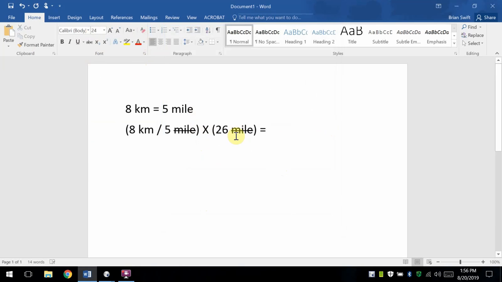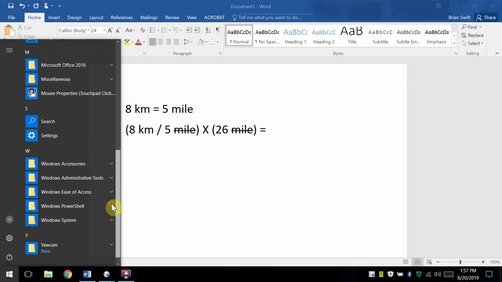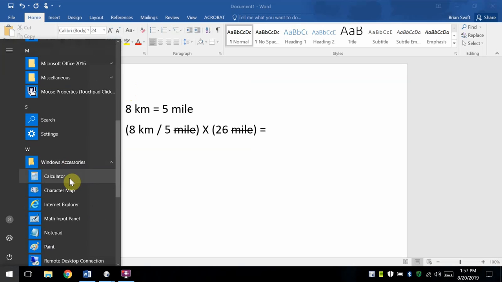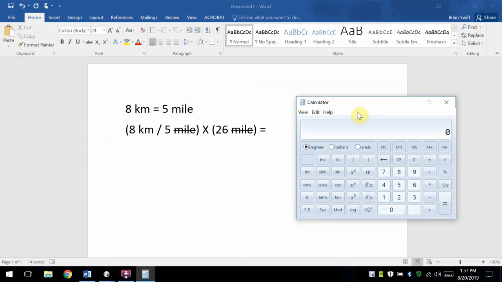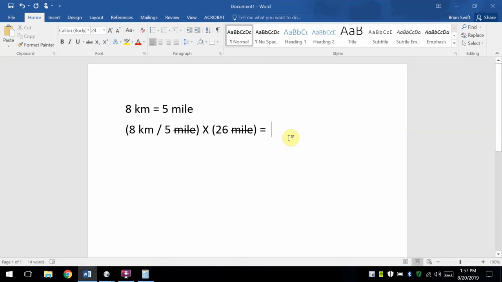And so you multiply everything together, and let's pull up the calculator. Windows Accessories, Calculator, let's move that off to the side. 26 times 8 equals 208 divided by 5, 41.6.